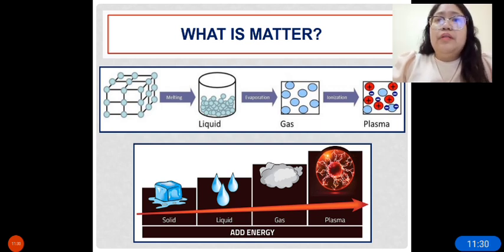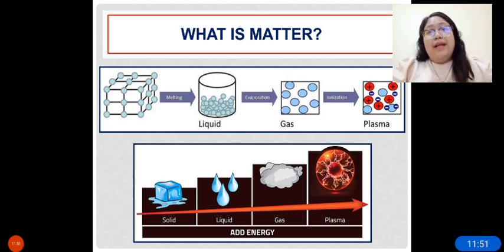Now, how about ionization? So, if you add a whole lot of energy or heat to a gas, it can become plasma. That is what's happening in the sun and other stars. They're so hot that the gases they're made of have turned into plasma.